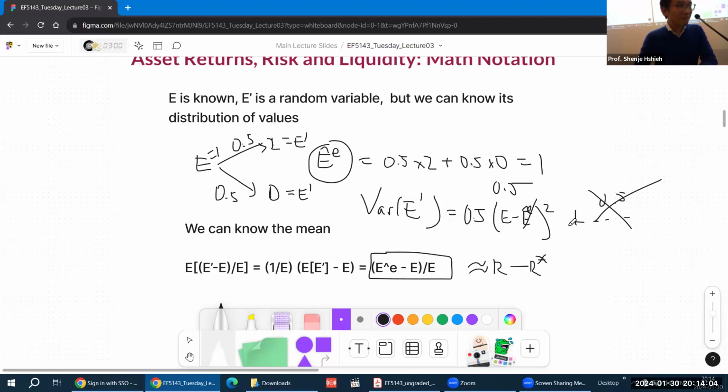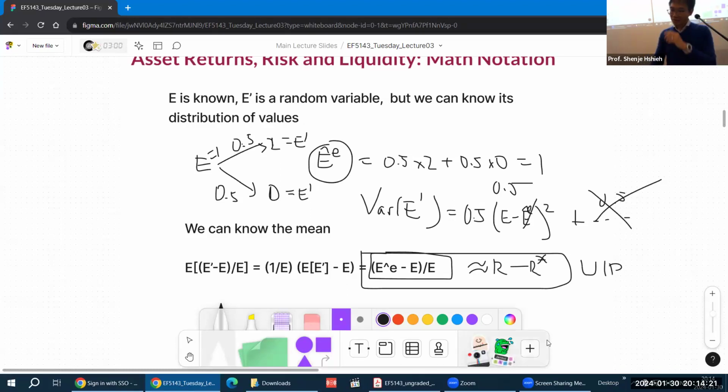He is indifferent. In any case, I will give you a numerical example soon, but that's what we're going to impose so that we can just work with this asset pricing model, which is called UIP, the uncovered interest rate parity. Okay.